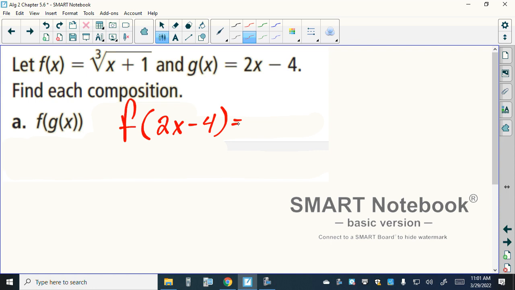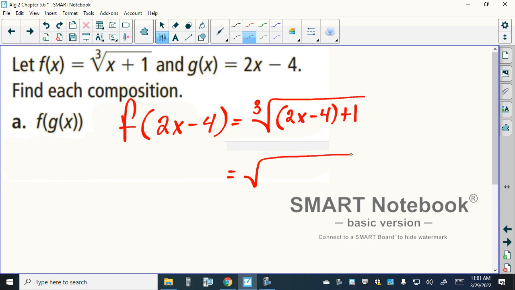So now we're looking at the function f of 2x minus 4. So we're going to replace every place x is in f of x with 2x minus 4, which would give us the cubed root of (2x minus 4) plus 1. Do we have anything in front of those parentheses that we need to apply through the whole thing?